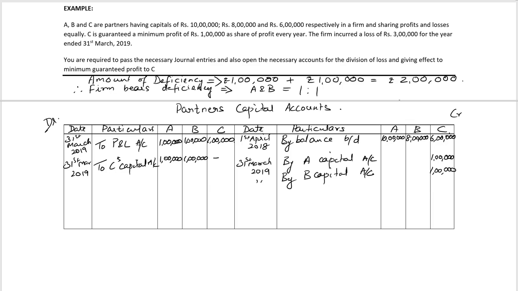Let's balance the account. The total rupees 10 lakh for A, 8 lakh for B and 8 lakh credit total for C. Writing the totals on the debit side.